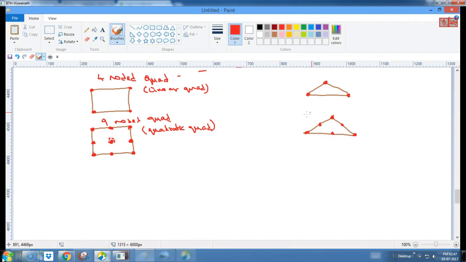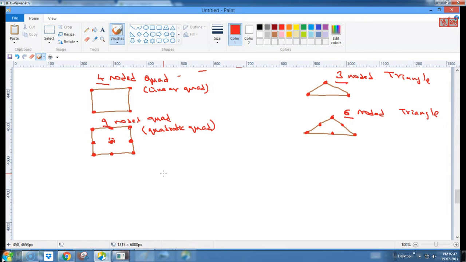So here I have a 3-noded triangle. Here I have a 6-noded triangle. So here I have 3 unknowns. Here I have 6 unknowns. Here I have 4 unknowns. Here I have 9 unknowns.